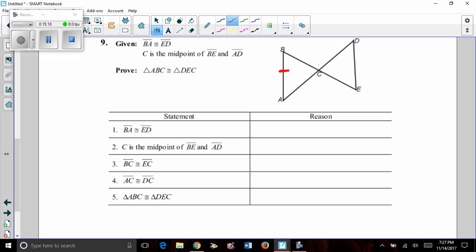BA is congruent to ED, and C is the midpoint, so BC and EC are congruent, and it's also the midpoint for AD. Therefore, these are congruent.